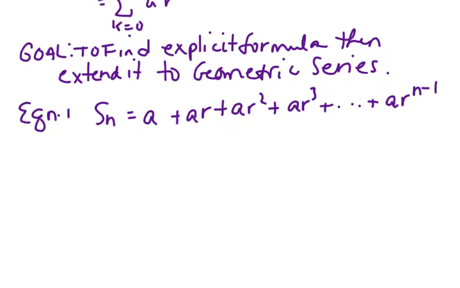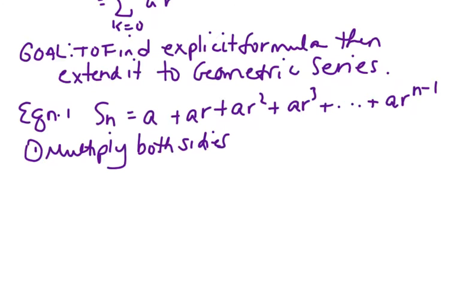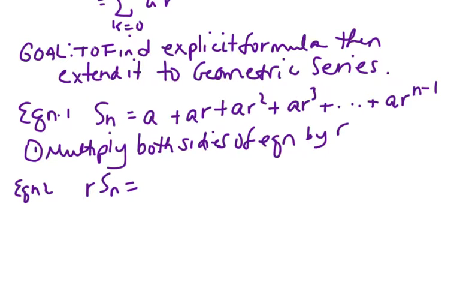If I multiply both sides of this equation by r, then the second equation, I'll call it equation 2, becomes r Sn, and then we're going to multiply everything by r, so each term's exponent increases.